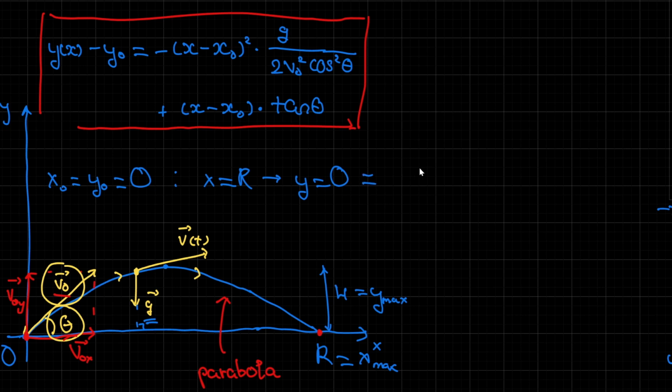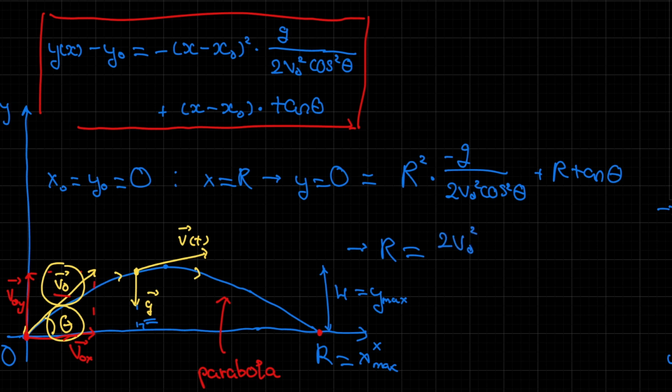So from here you can get r equals 2v0 squared over g times sine theta cosine theta, or r equals v0 squared over g times sine of 2 theta.